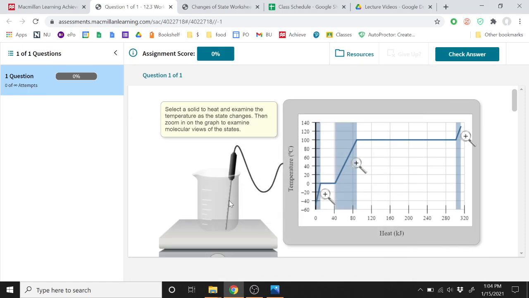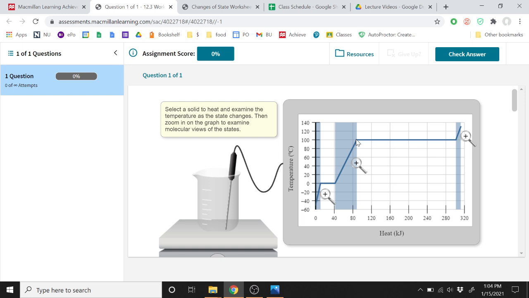Okay, so we have a beaker of water. We're heating that water, and we're going to look at the liquid water portion because we've been given a specific heat for liquid water. So we better do that portion. Notice that the liquid water portion corresponds to this right here, which goes from 0 degrees Celsius to 100 degrees Celsius.